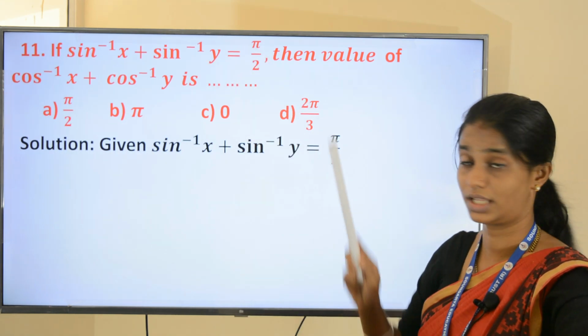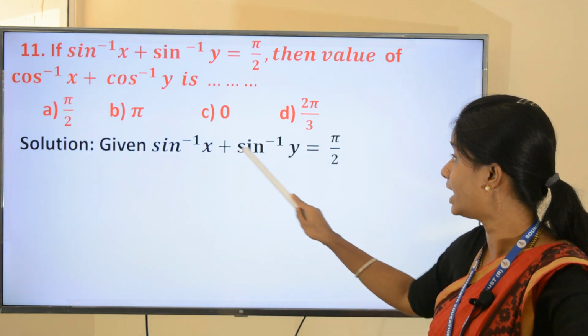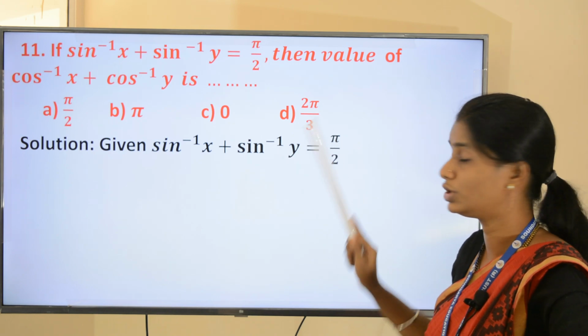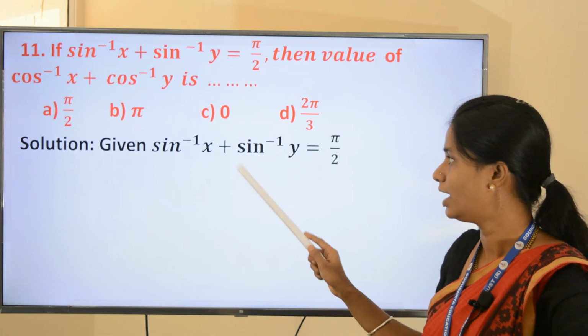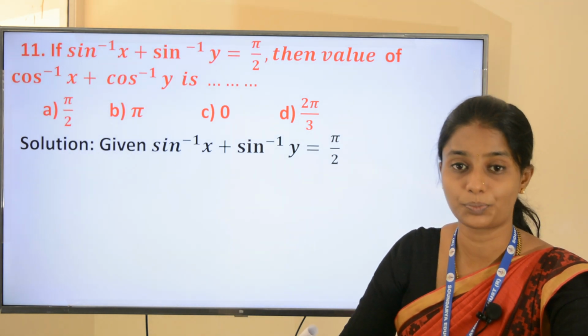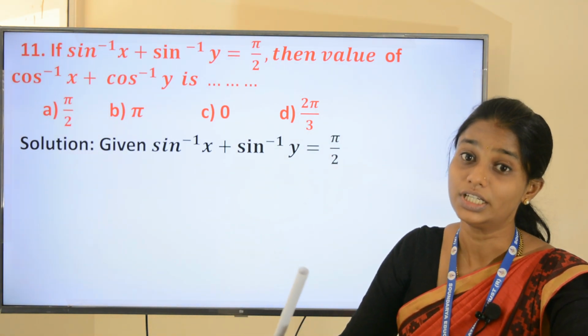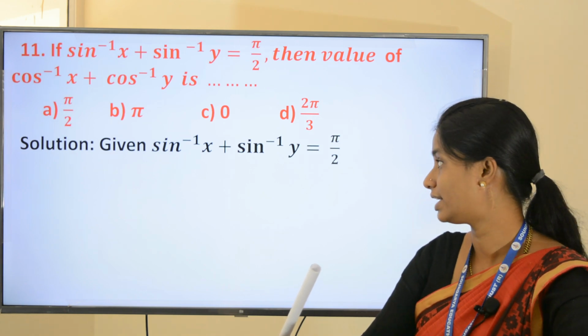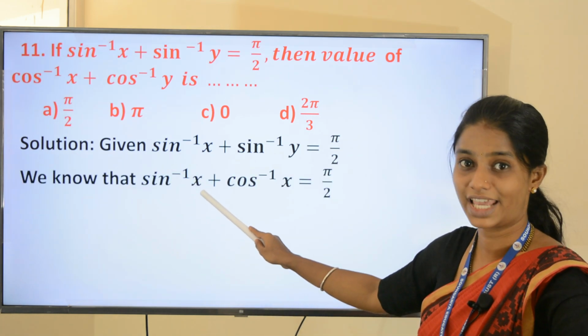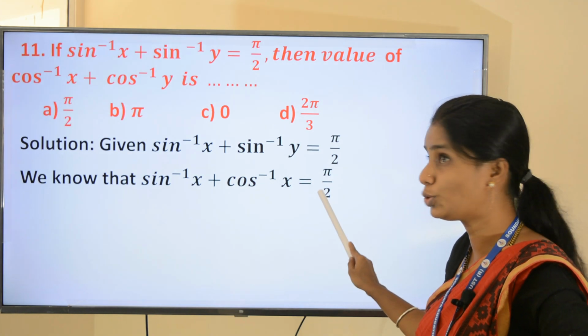First we'll consider the given data. Sin inverse x plus sin inverse y is equal to pi by 2. And we have learned a property in inverse trigonometric functions. Which property? Sum of the inverse trigonometric functions, that can be written as sin inverse x plus cos inverse x is equal to pi by 2.